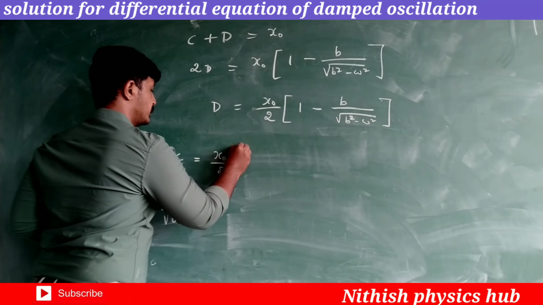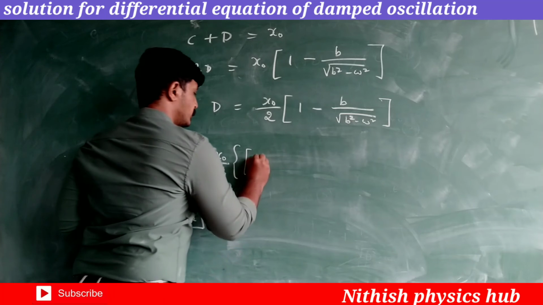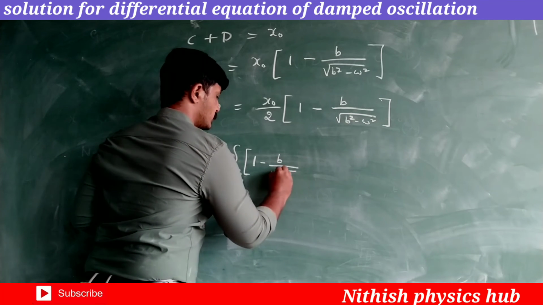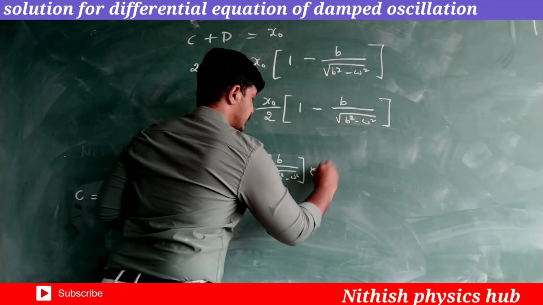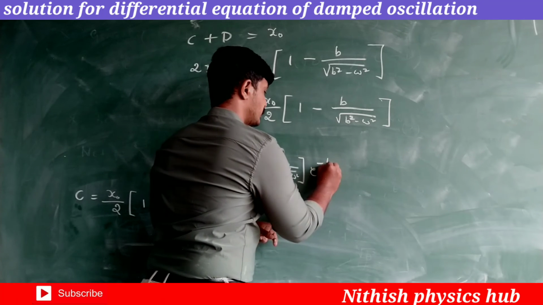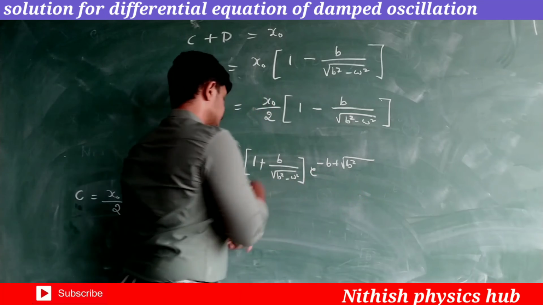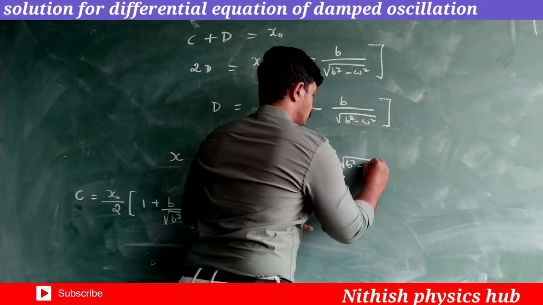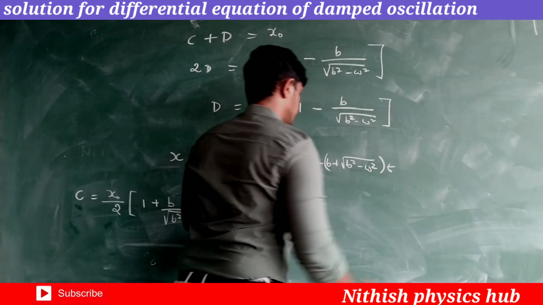Taking the common factor out, the bracket is 1 plus b divided by root of b square minus omega square, and the exponential of minus b plus root of b square minus omega square into t.